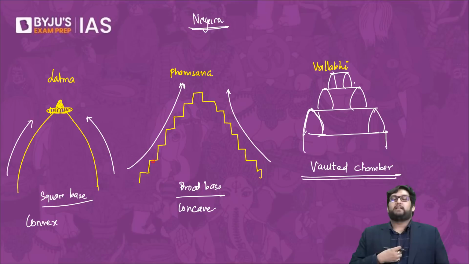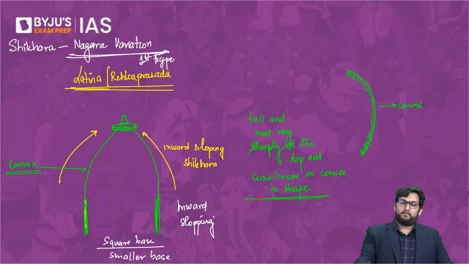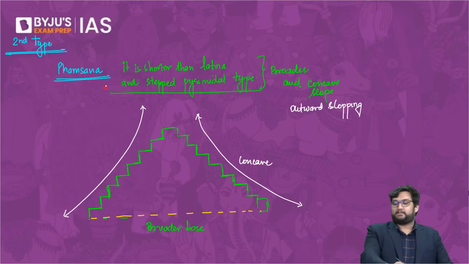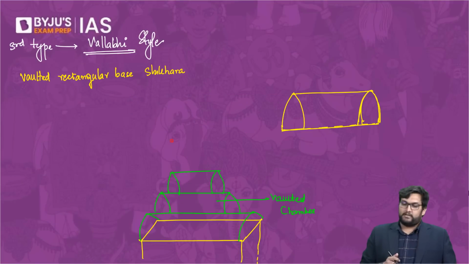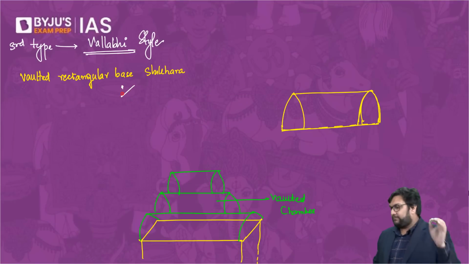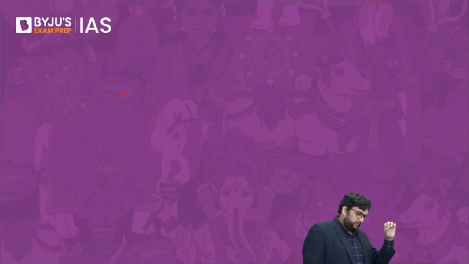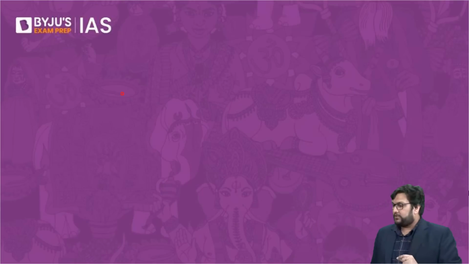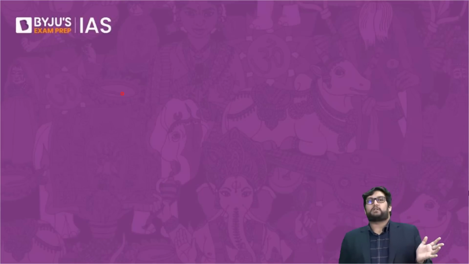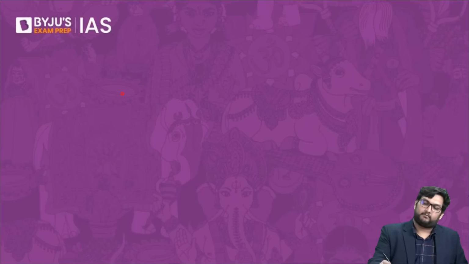In the examination, they will not ask you to identify anything. You just have to write these basic points which I've written here. One here, and the other one here. That's it. Nothing more, nothing less. Now, I believe the shikhar types are clear. Now I move to what are called regional schools.